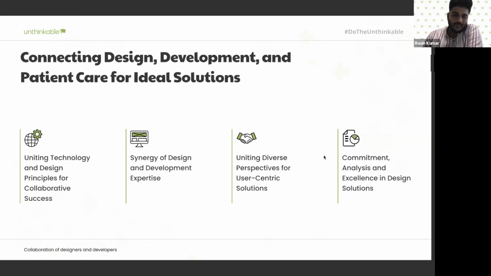Creating a successful healthcare platform requires a lot of collective effort from a multi-disciplinary team, like designers, developers, or any other stakeholders, even the user also. Why is that? Because each one of us comes with our own unique perspectives and can add from multiple dimensions.